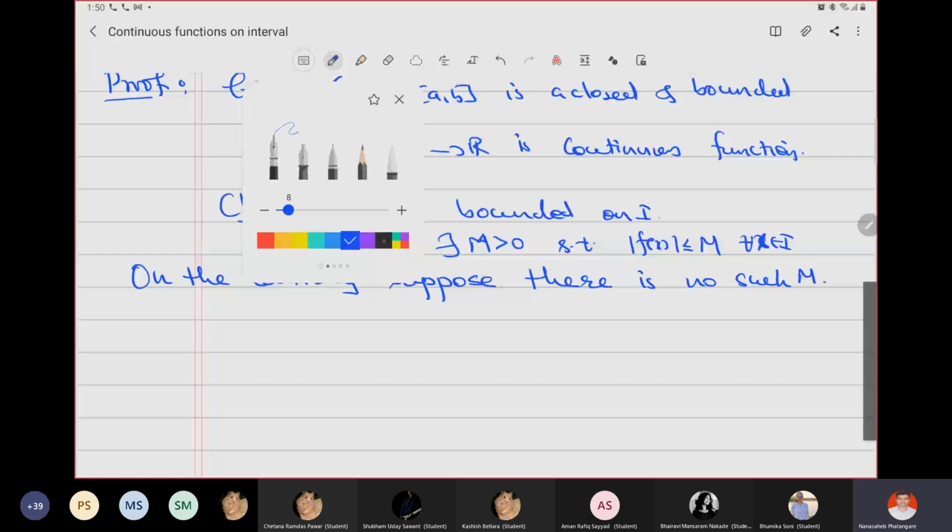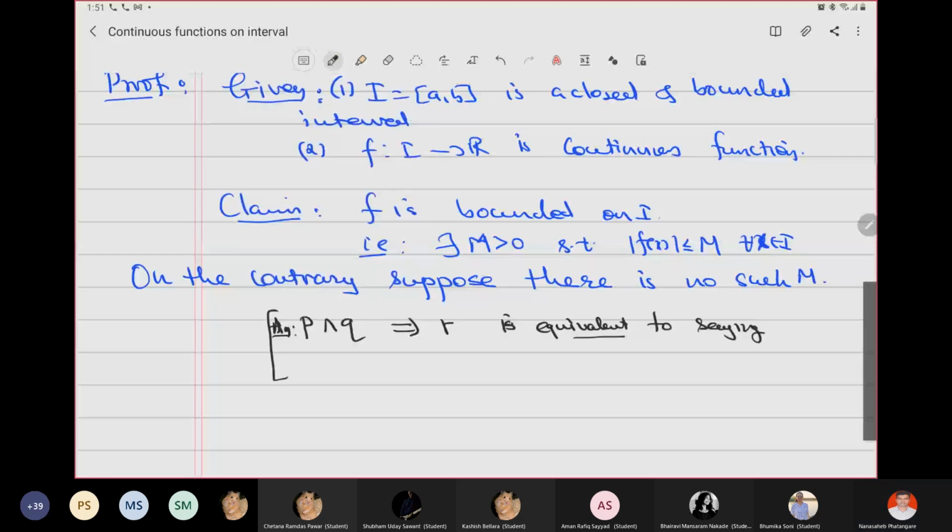P and Q implies R is equivalent to what? The negation of R implies the negation of (P and Q). But what is the negation of P and Q? It is the negation of P or the negation of Q. Do you agree?